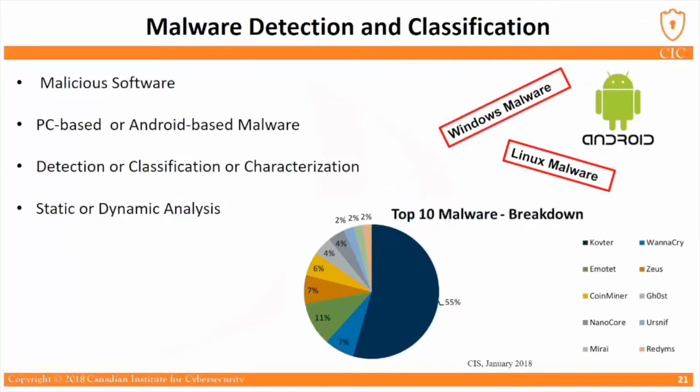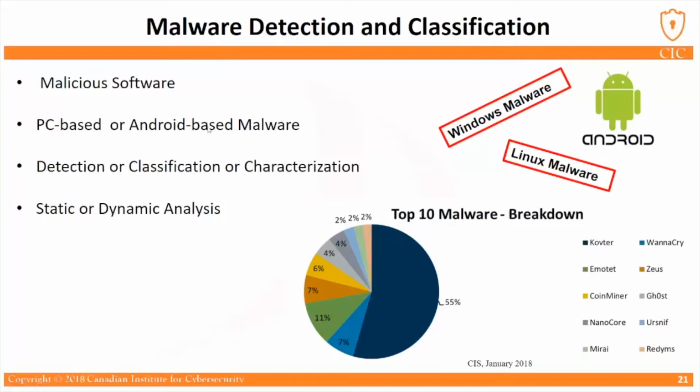So they have different objectives, but they can take different forms like executable code, scripts, and, for example, active contents, and they have different categories. For example, they can be a virus or worm or Trojan or ransomware, and many other types.